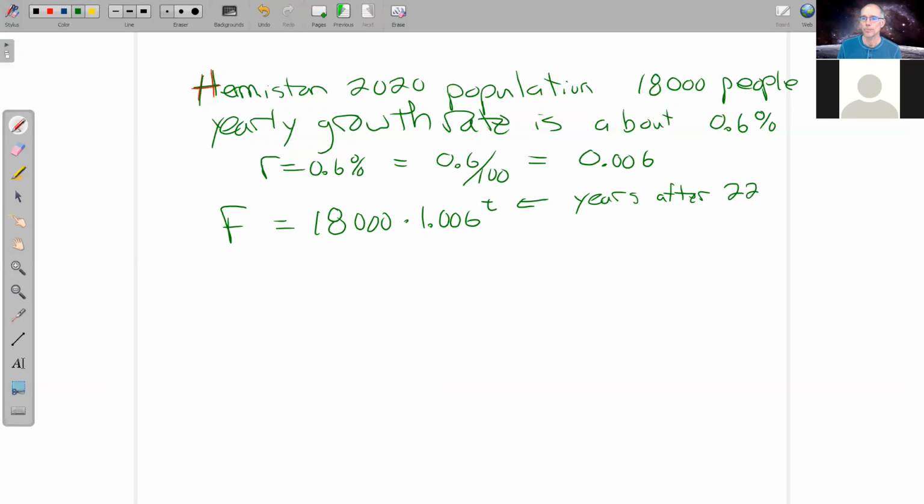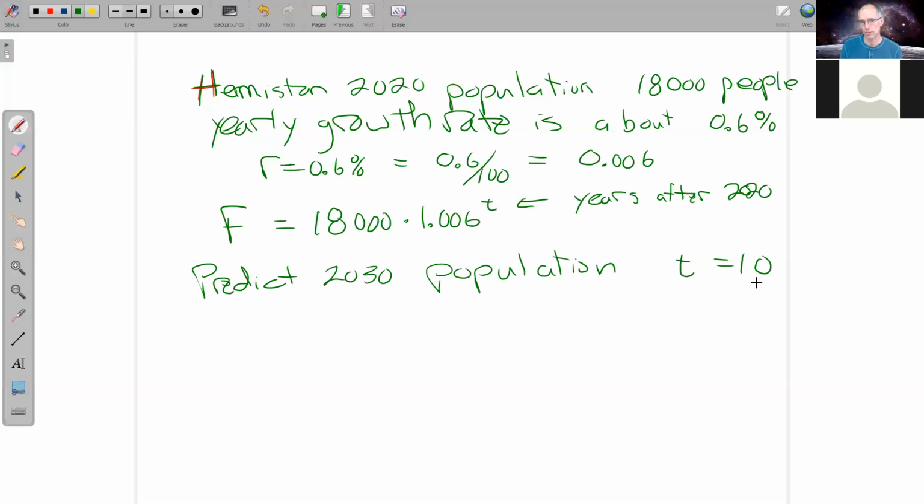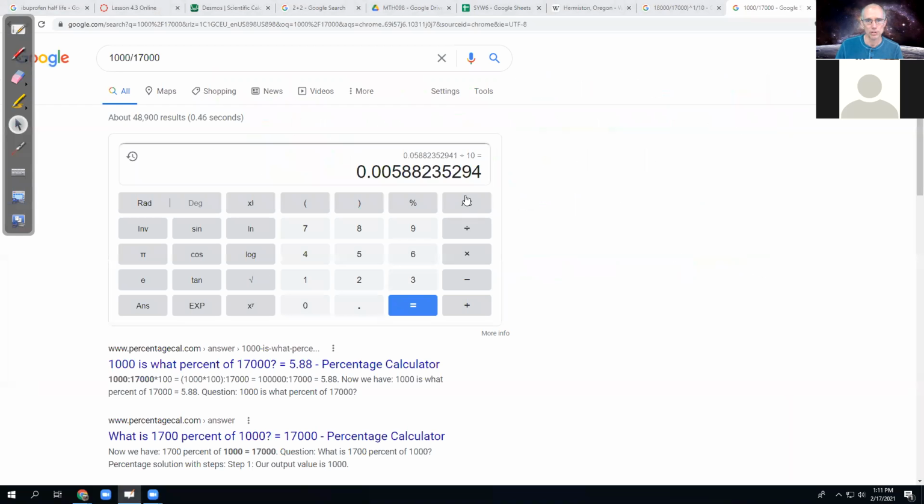Then we can predict the 2030 population by realizing that is 10 years later. So 18,000 times 1.006 to the power 10. I think this will give us a more reasonable answer than before.